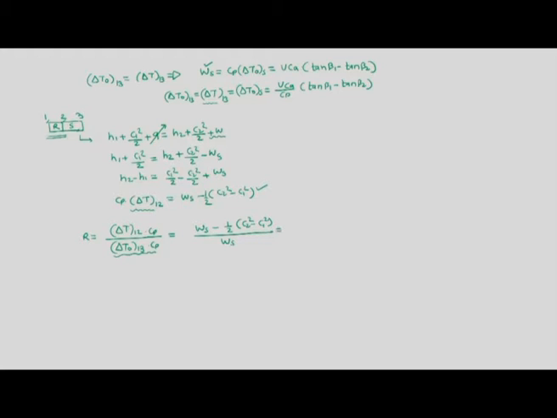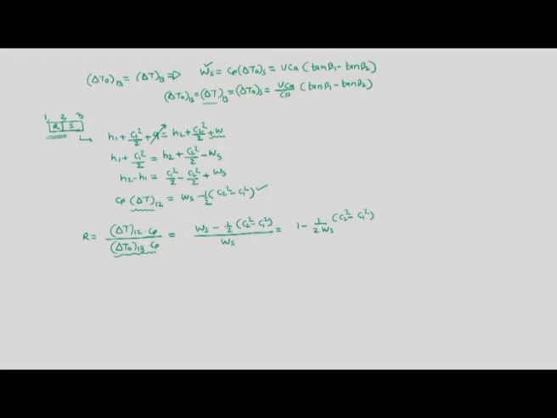So what we get is 1 minus 1 by 2 Ws into C2 square minus C1 square.